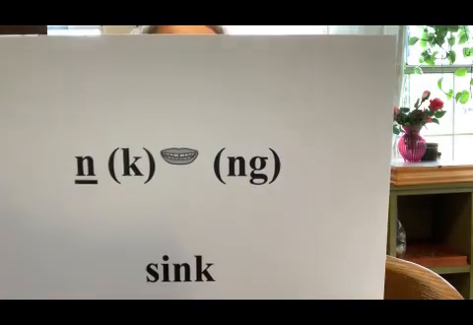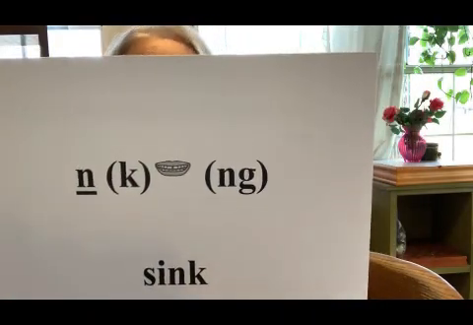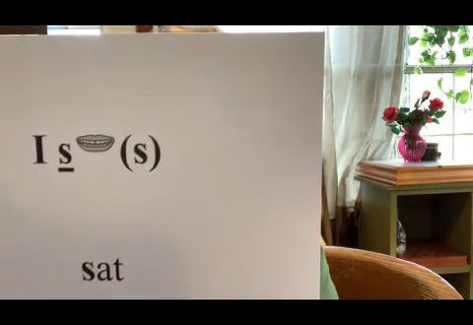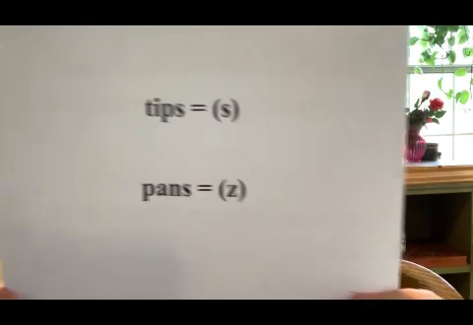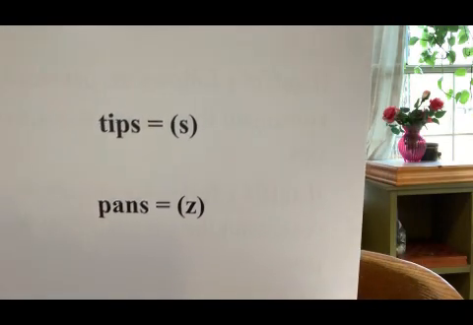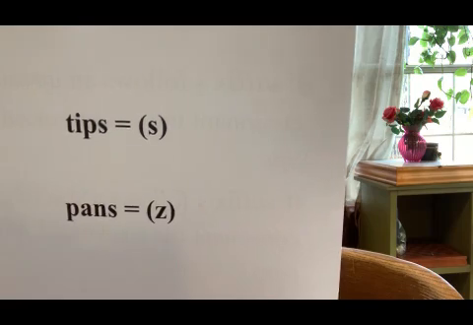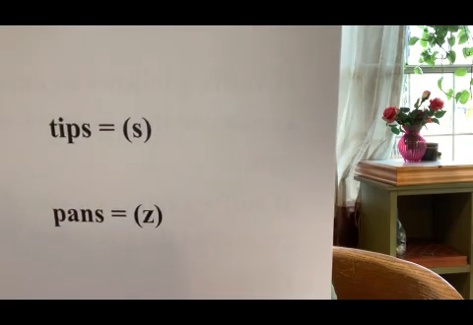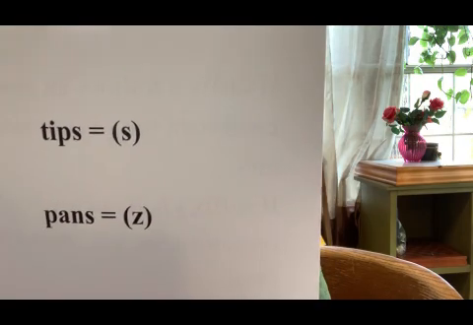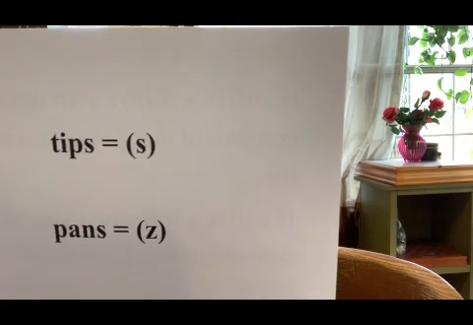N in front of K is pronounced ng, as in sink. Initial S is pronounced as in sat. If suffix S follows an unvoiced consonant, the S is unvoiced, as in tips. If suffix S follows a voiced consonant, the S is voiced, as in pans.